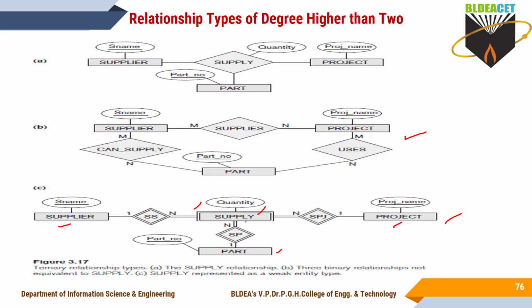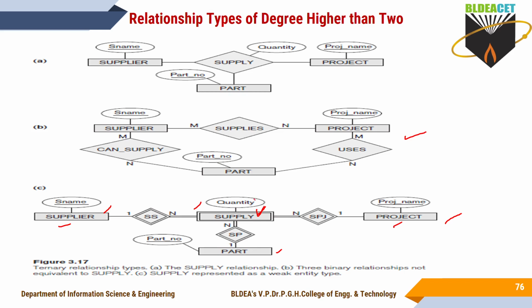So now I am taking supply as a weak entity type, and these three are strong entity types, and I am relating all of them. Earlier I took supply as a relationship type, and now I converted it into a weak entity type.